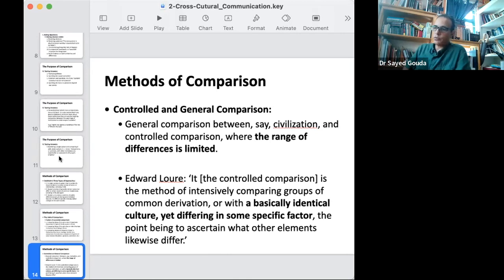And here Edward Eggan says, the controlled comparison is the method of intensively comparing groups of common derivation or with a basically identical culture, yet differing in some specific factor, the point being to ascertain what other elements likewise differ.